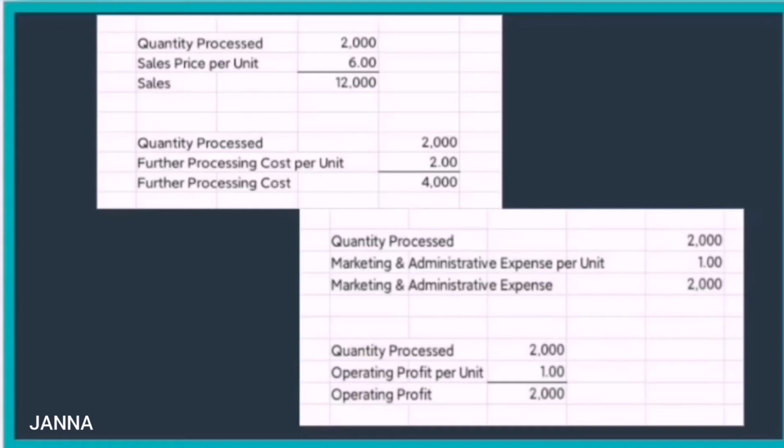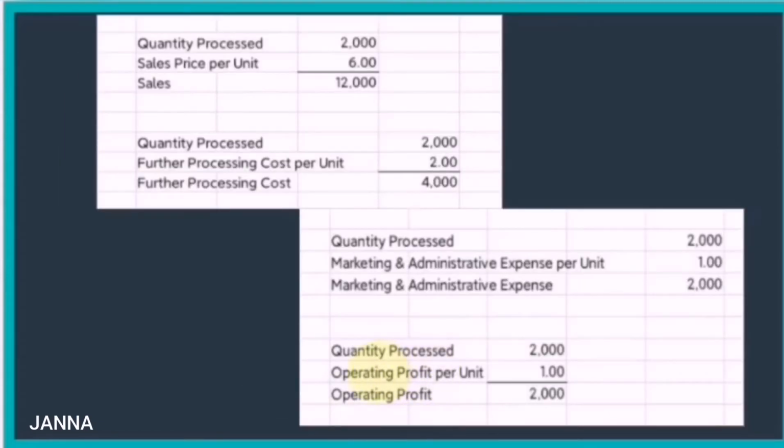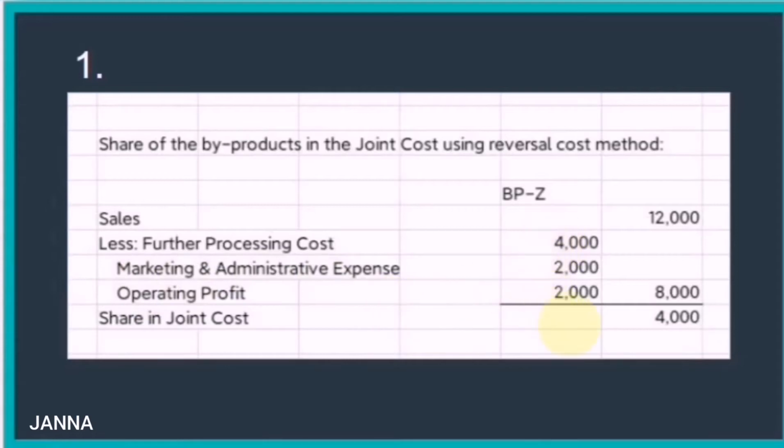The next one naman is operating profit, 2,000, kasi quantity processed 2,000, operating profit per unit 1 peso. So, the total or the sum of this is 8,000. So, sales na 12,000 less 8,000, kaya yung share sa joint cost ng byproduct Z is 4,000 pesos.